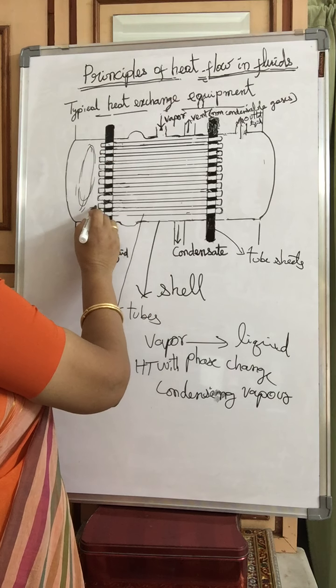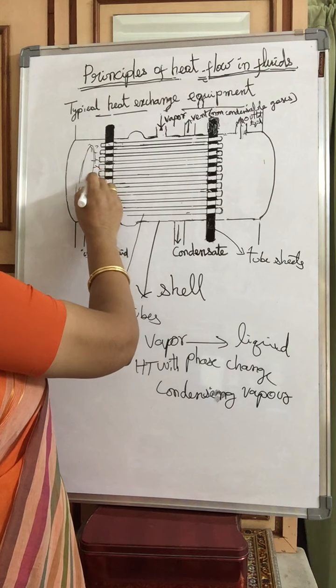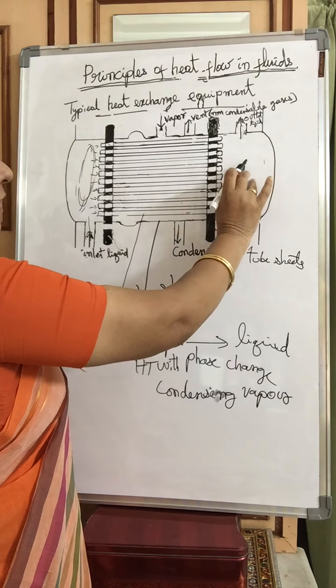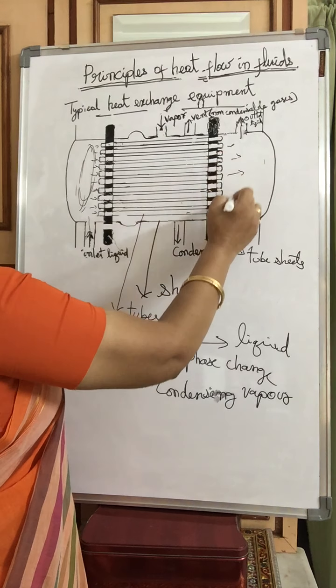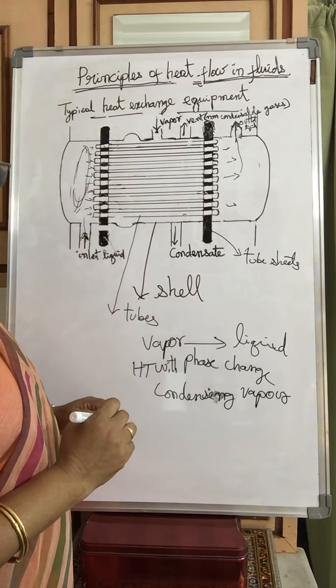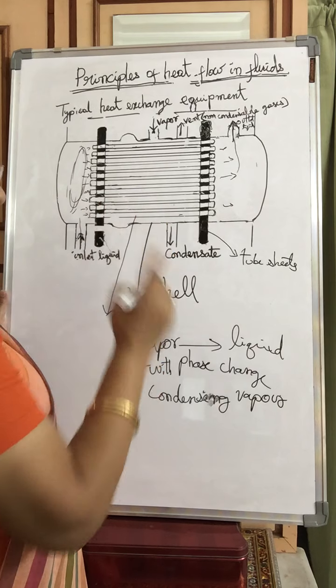Then it enters all these tubes, and then flows to the other end of the exchanger. Then it comes out like this, and then it leaves from the top. So this is one fluid.